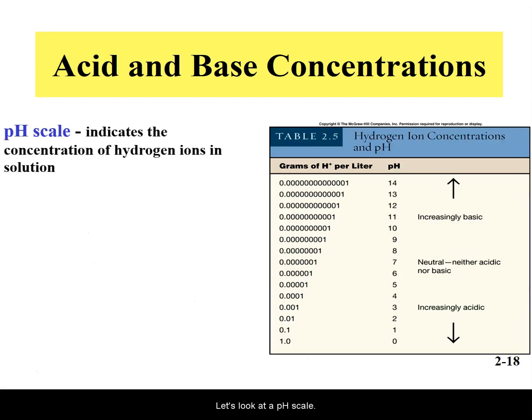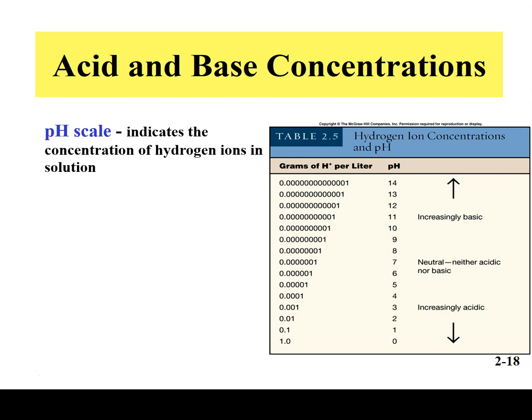Let's look at a pH scale. It indicates the concentration of hydrogen ions in solution. Acids are electrolytes that release hydrogen in the water.